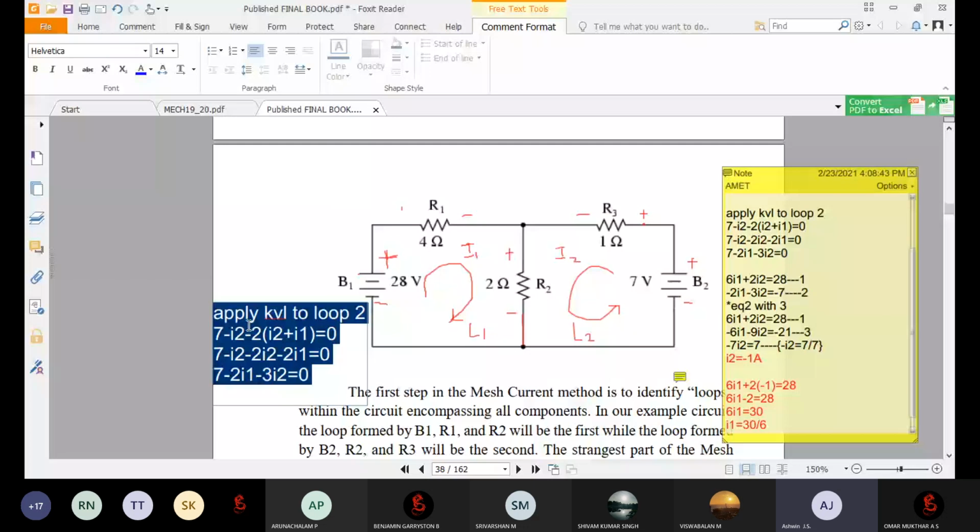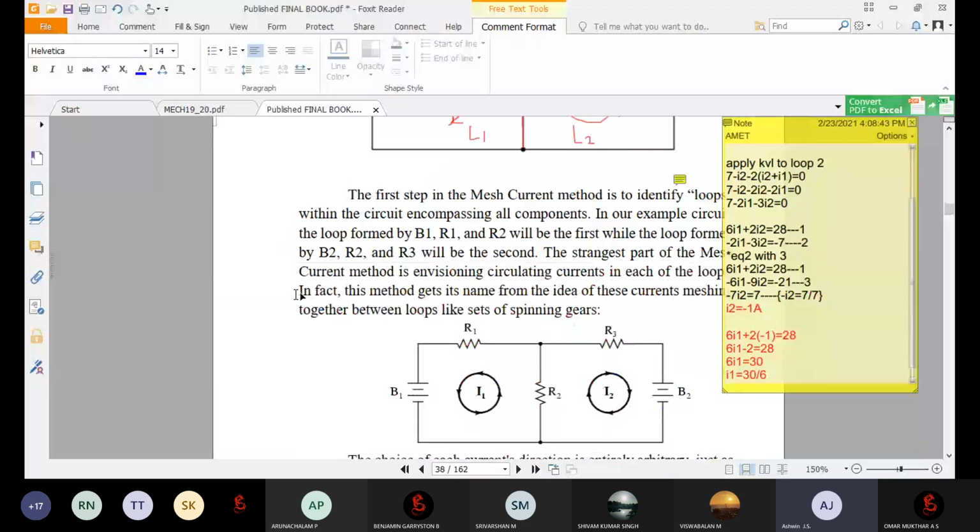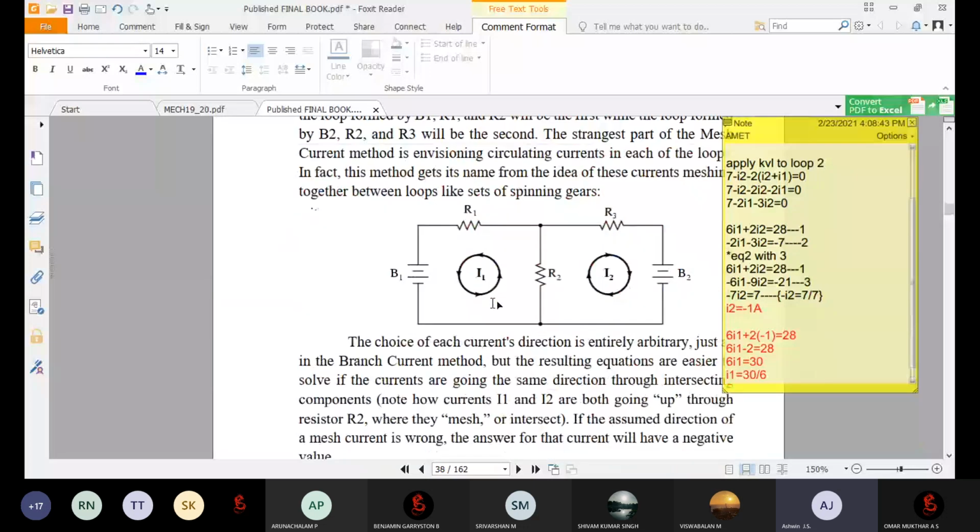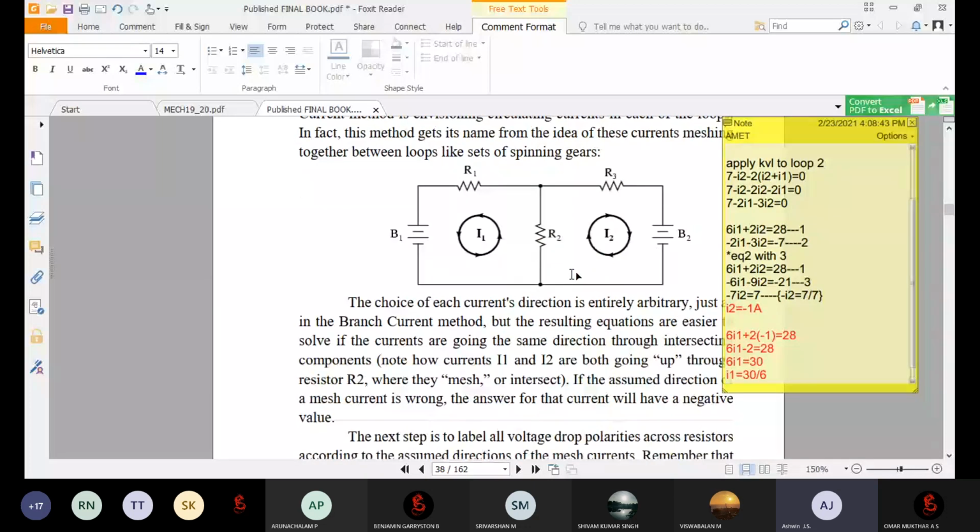Next, look at this. They did the assumption that the current is going in the opposite direction. We assumed it flows from the B1 positive to negative, and similarly B2 from positive to negative. But here they assumed it goes from negative to positive.